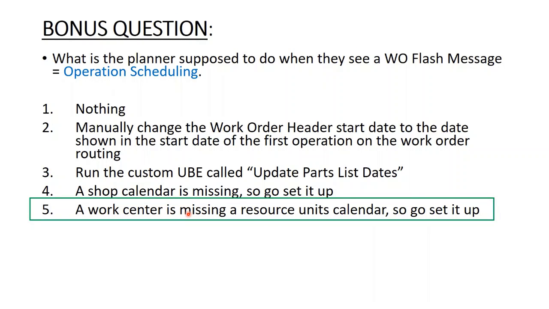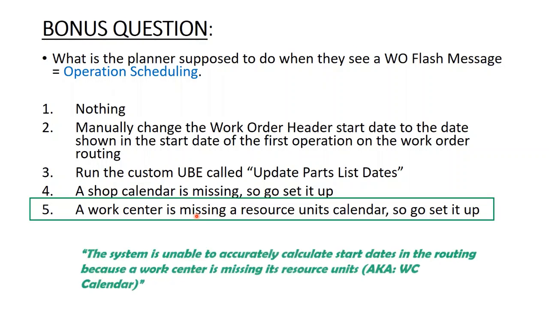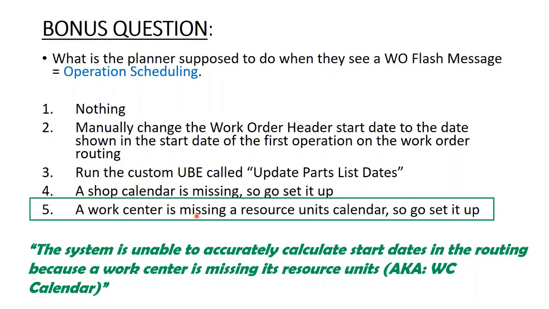Number 5 is your answer. A work center is missing its resource units calendar, so you must go set it up. The system is unable to accurately calculate start dates in the routing because a work center is missing its resource units, AKA work center calendar.